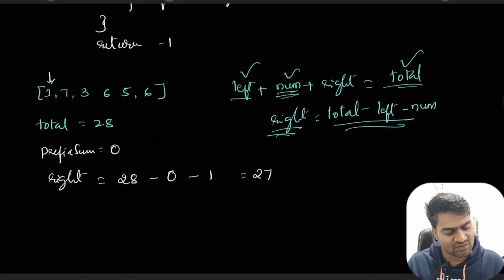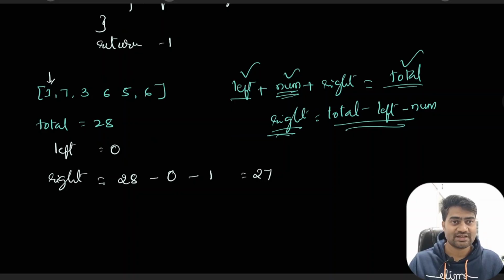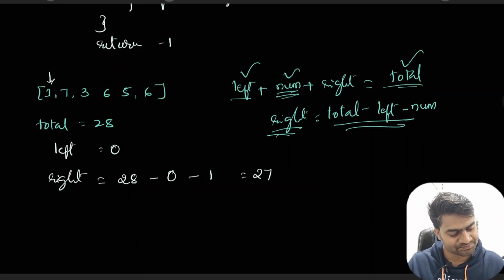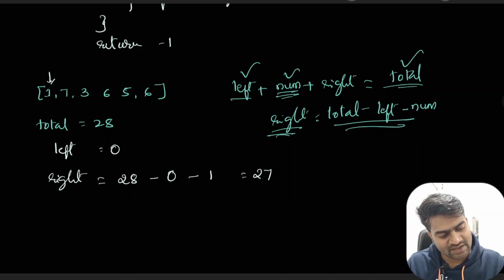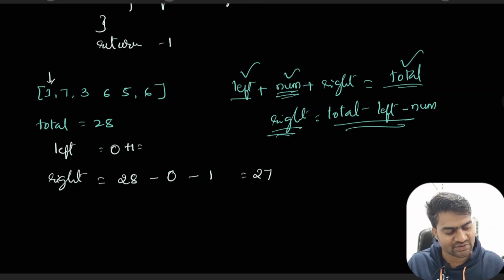Instead of prefix, I will say it as left only, so that we can easily understand. Now if you see, our left is 0, our right is 27. They are not equal, right? So I will simply update my left value because I need to move to the next number. I will simply add 1 to it, so it becomes 1.